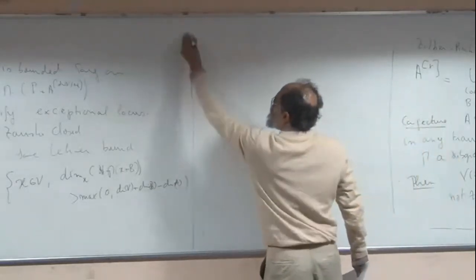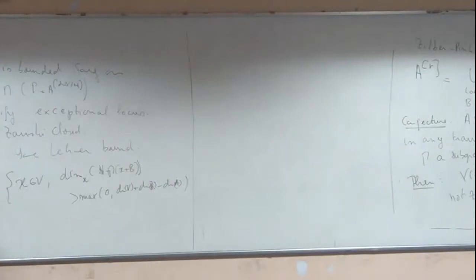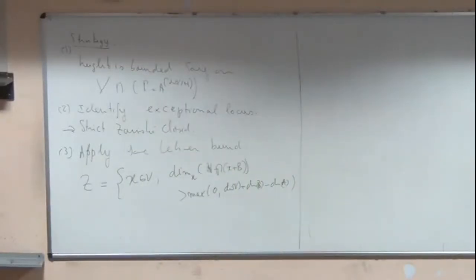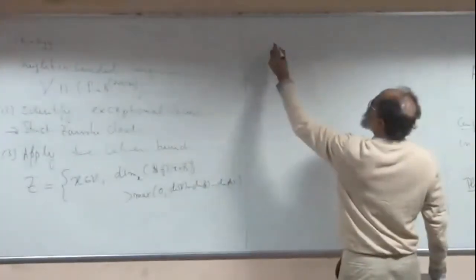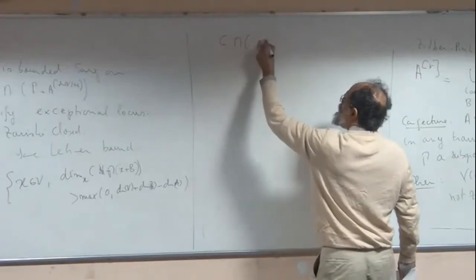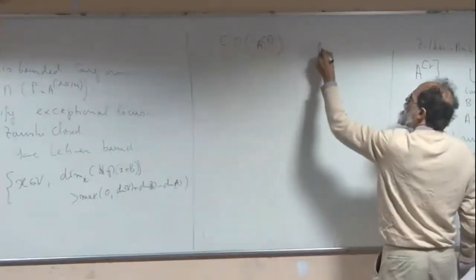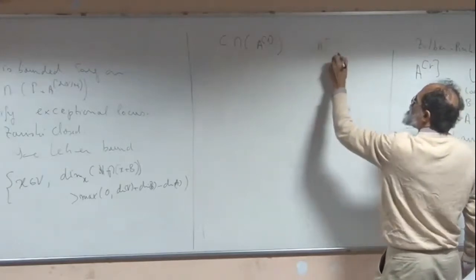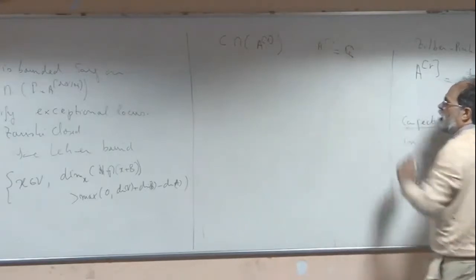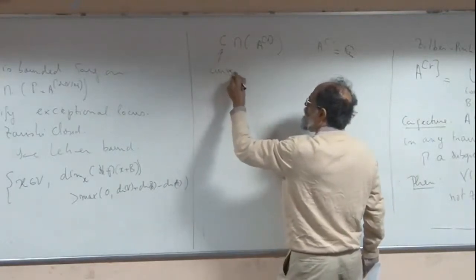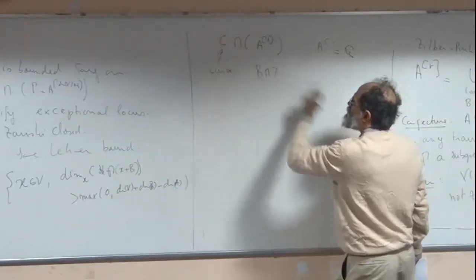To understand step 1, maybe I'll just show you quickly the example of curves sitting in the multiplicative group. You look at a curve C and you intersect it by A1. A is just Gm to the n in this case. C is a curve. This was proven by Bombieri, Masser, Zannier about 20 years back.